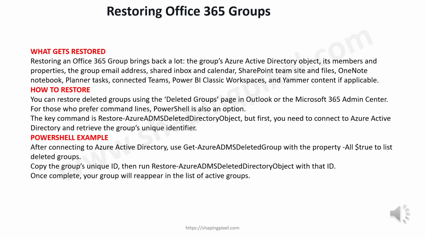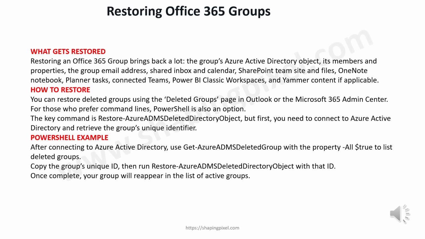Office 365 groups are essential for collaboration, but sometimes they get deleted by mistake. When this happens, everything tied to the group, like conversations, files, and tasks, is removed. Luckily, IT administrators have a 30-day window to restore deleted groups before they are gone forever.